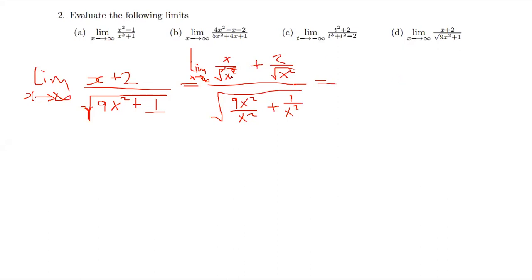So you just remain with x over x there, you get 1, and then plus this will give you 2 over x, and then this will give you the square root of 9 plus 1 over x squared.